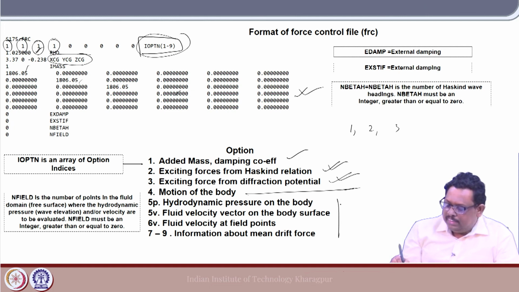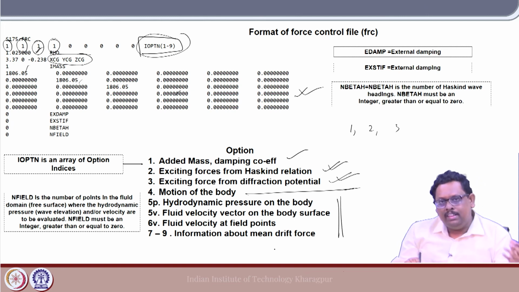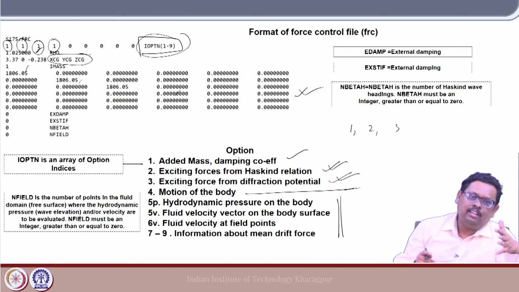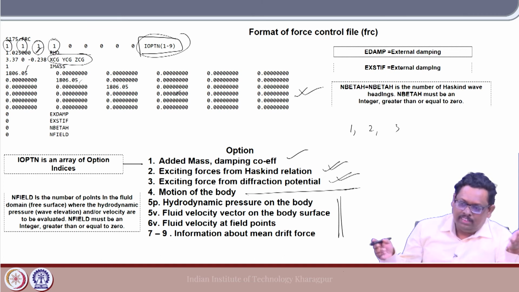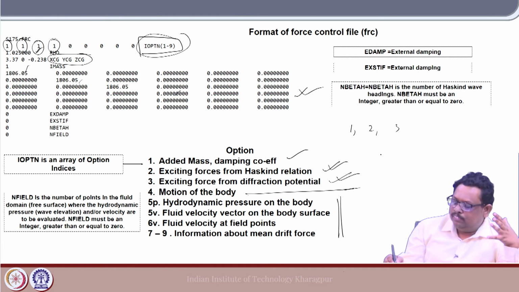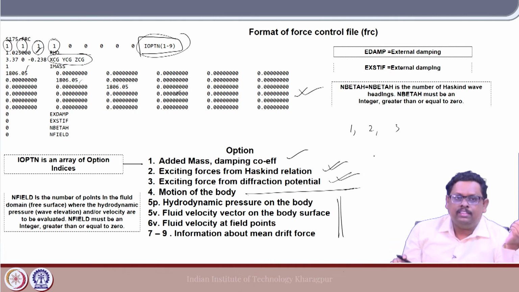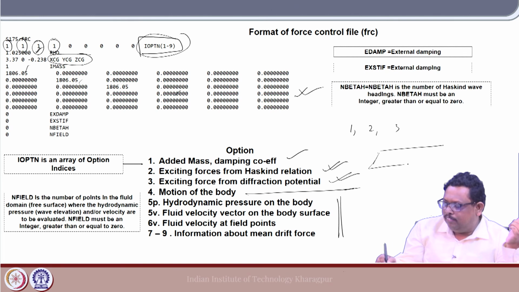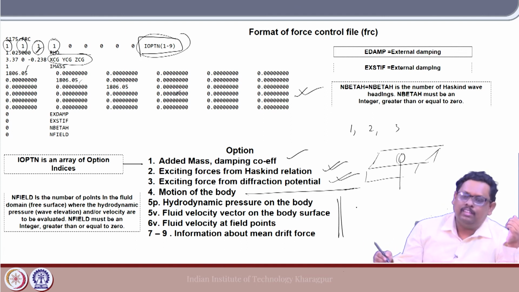However, for detailed analysis, sometimes there are different scenarios. When you look at the second order forces, sometimes we are interested in more. Suppose I have a body with a moon pool, let us say. At that time I am interested in finding out the pressure field around the body.